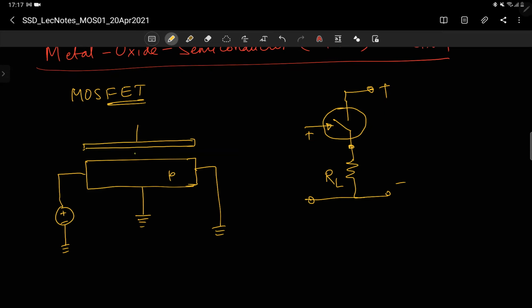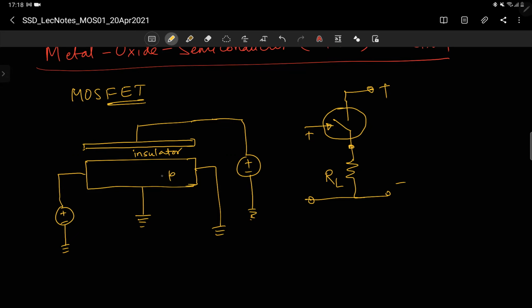This is basically an insulator. So there is a gap in between, and I'll apply some voltage here. If I apply positive charge to this plate, this positive charge comes here and negative charge should come here, right?